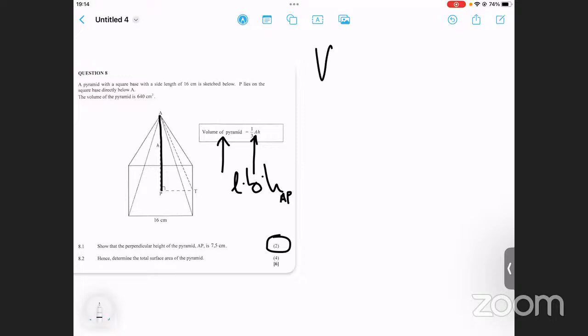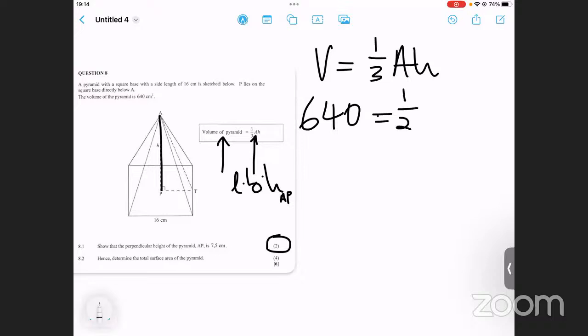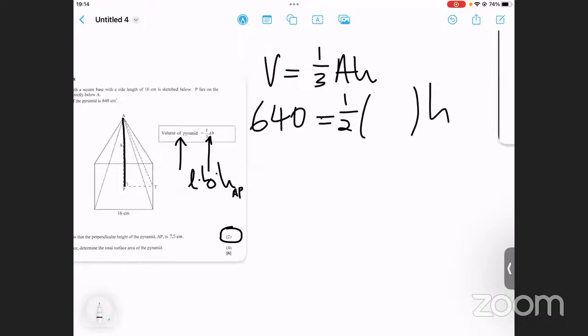So what we know is that V is equal to a third area times H. We were told that the volume is equal to that. Obviously 1 over that. But when it comes to the area, what will the area be?